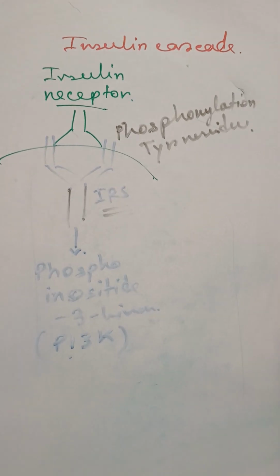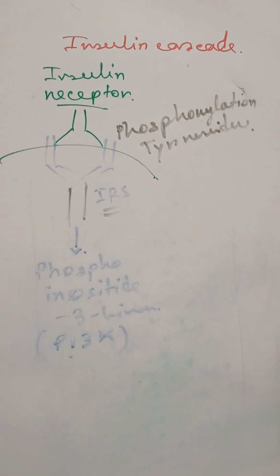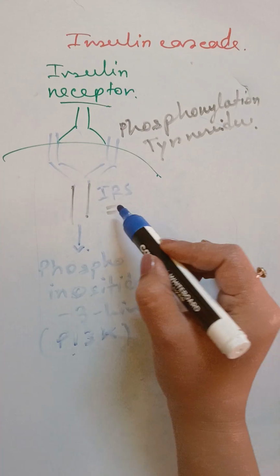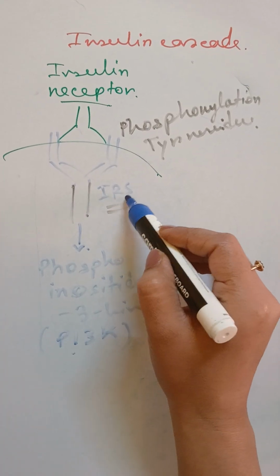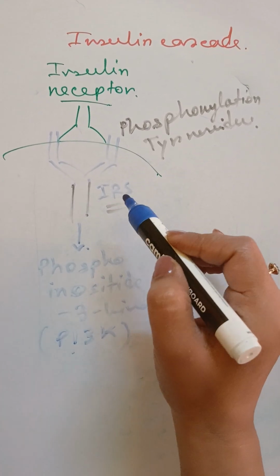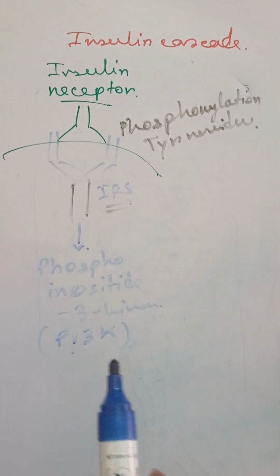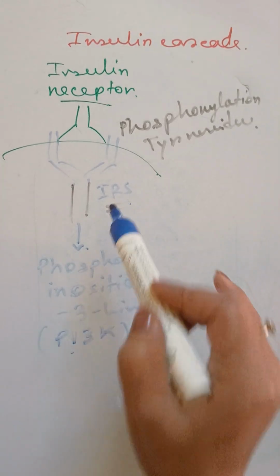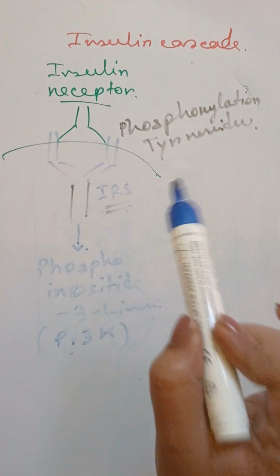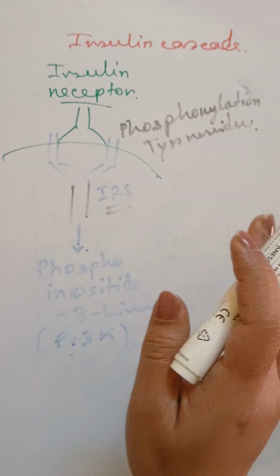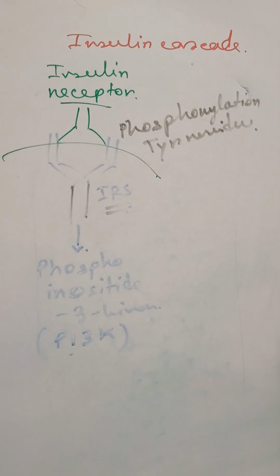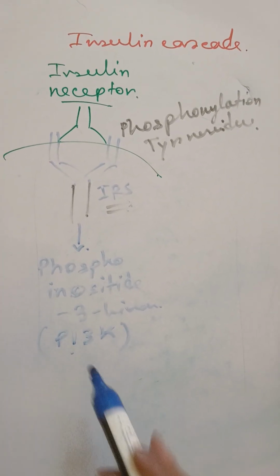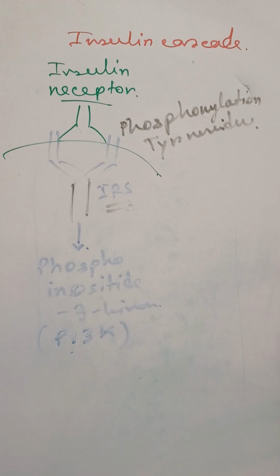It will communicate with this phosphorylated IRS, that is, phosphorylated at the tyrosine residue of this IRS. Remember this: tyrosine residue of the IRS. Okay, this is the normal cascade.